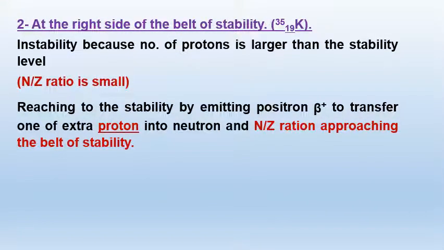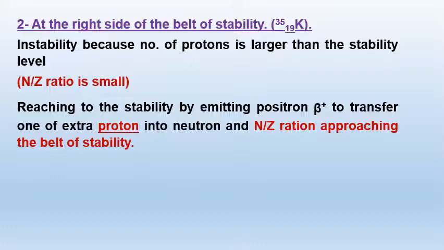Now the elements on the right side of the belt of stability, such as potassium-35 (K 19,35), are unstable because they have a number of protons larger than the stability level. So the ratio between neutrons and protons, N and Z, is small.